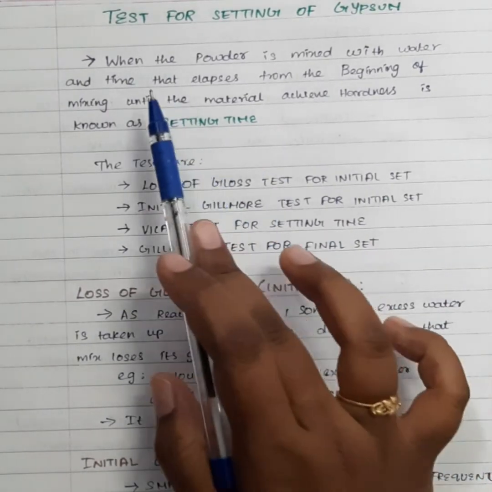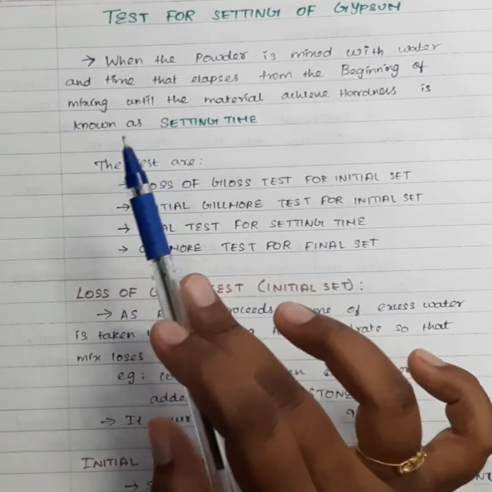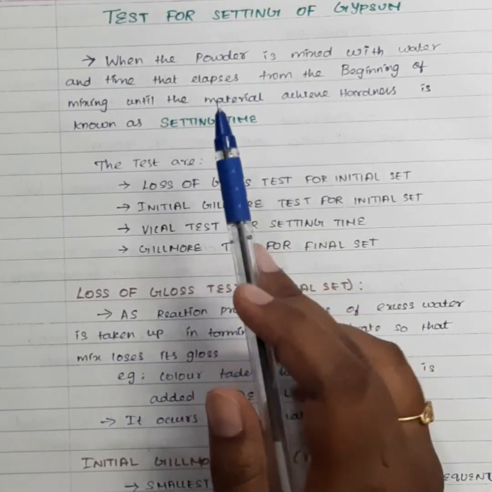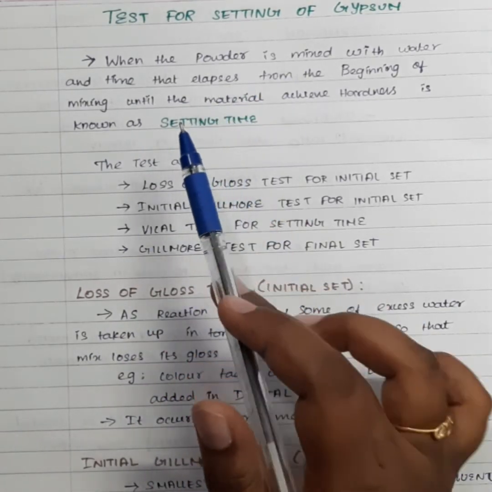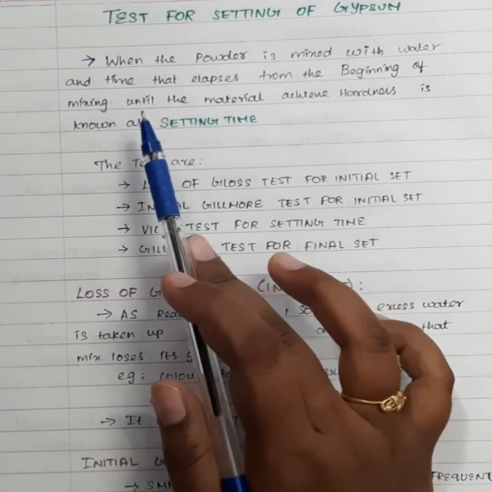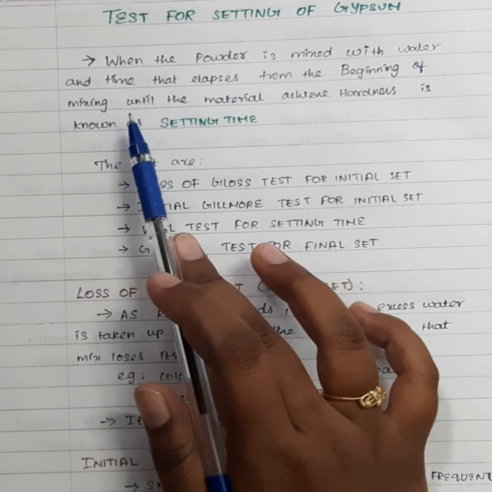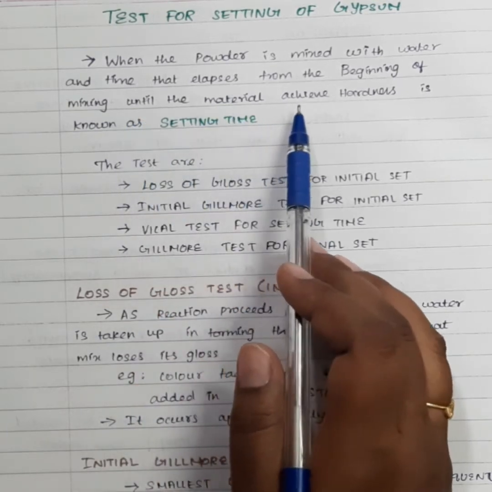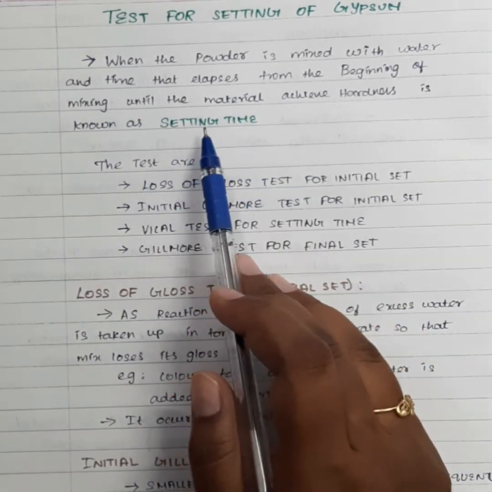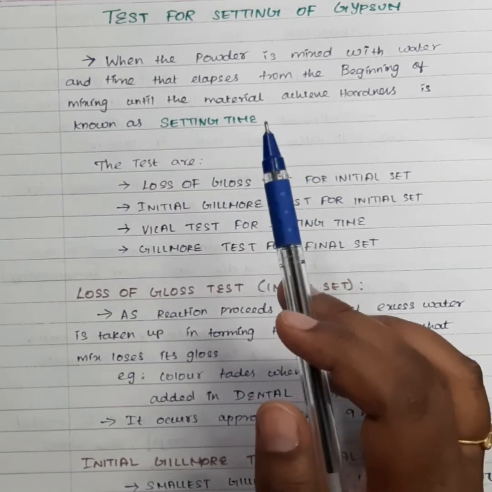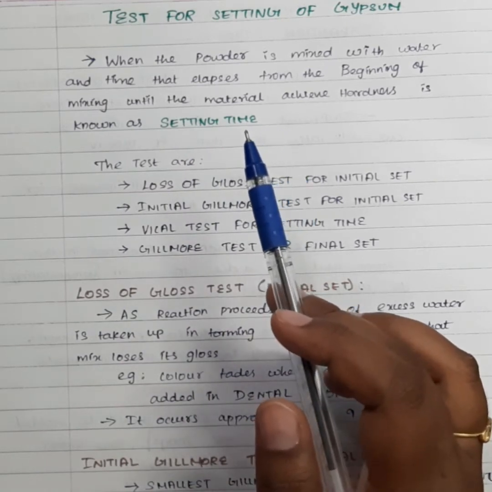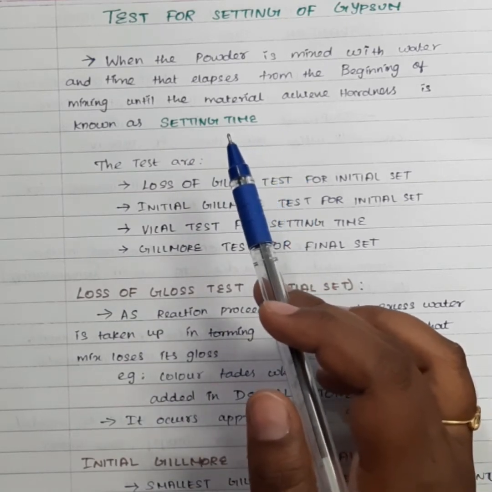Setting time is when any powder, that is plaster of Paris, dental stone, or die stone, is mixed with water, and the time that elapses from the beginning of mixing until the material achieves hardness is known as setting time. You may have done plaster of Paris in first year.